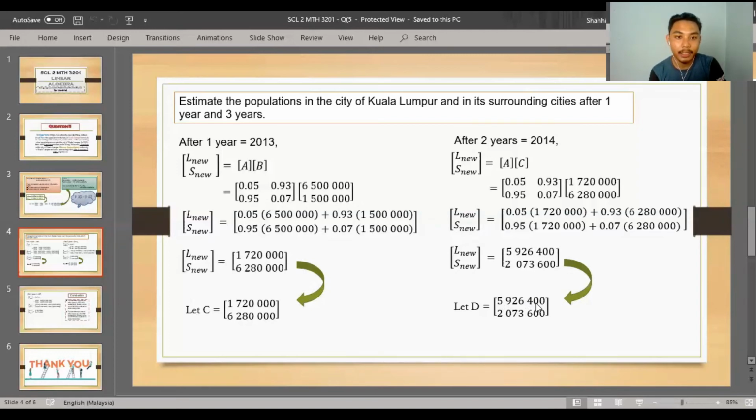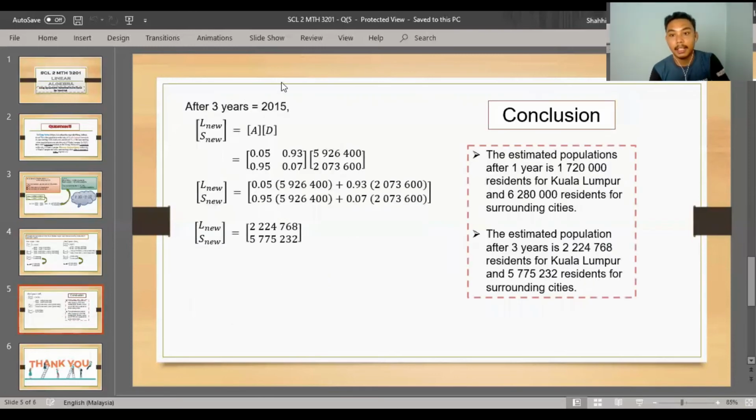For the next step, we need to find the population after 3 years, which is 2015. So here is the next slide, where we have to find the population after 3 years, right? Like I said previously, the formula here is that A is the percentage of the population, D is the number of the population in the previous year, which is 2014, right?